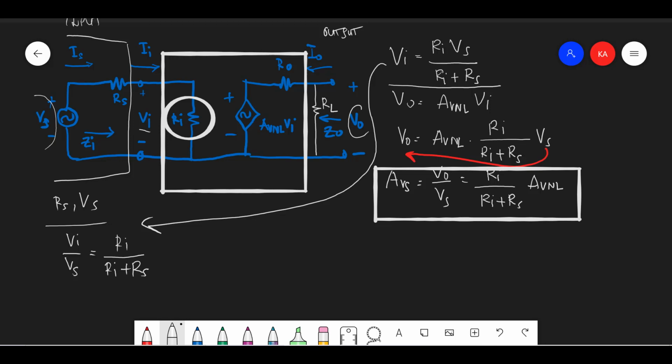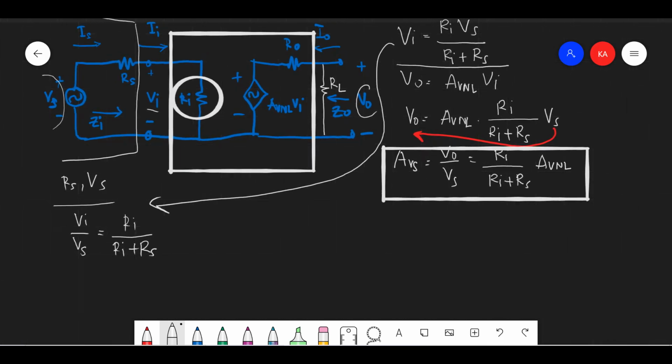And on the output side, we see that Vo is equal to RL per RL plus Ro times AVnl times Vi, using the voltage divider at the output. This is the RL and this is the Ro, and this is the source voltage AVnl times Vi, as I already discussed in part 1.